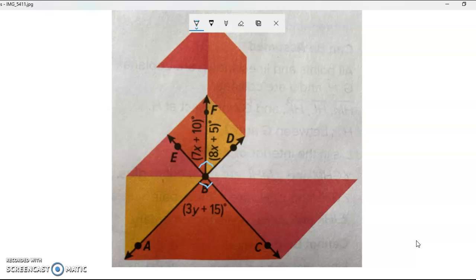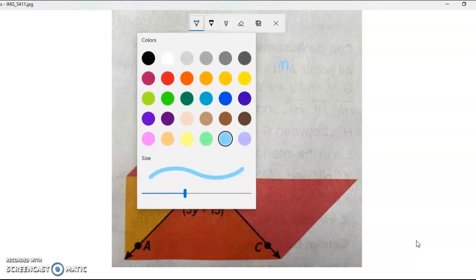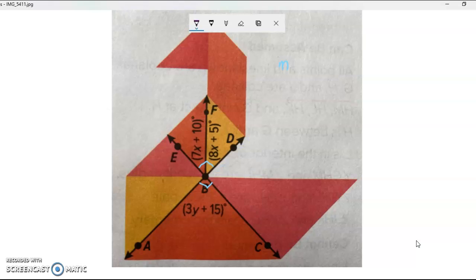So that would mean that the measurement, I will just change the color of that, into this one.